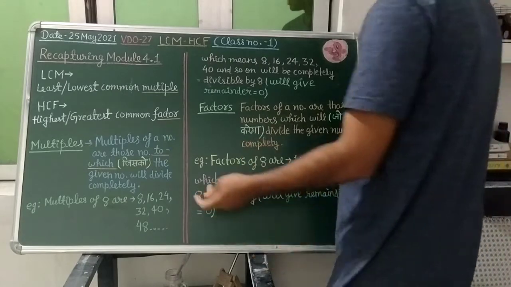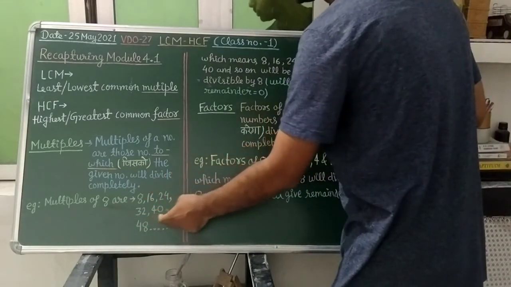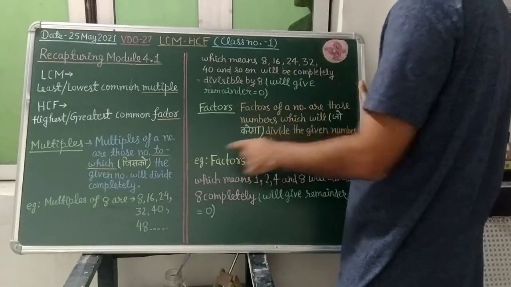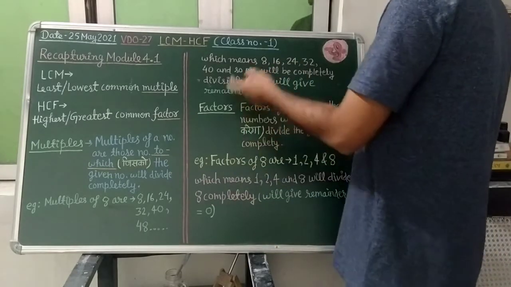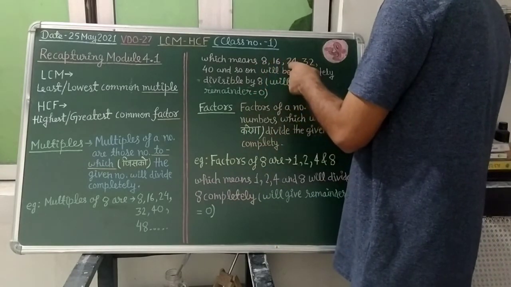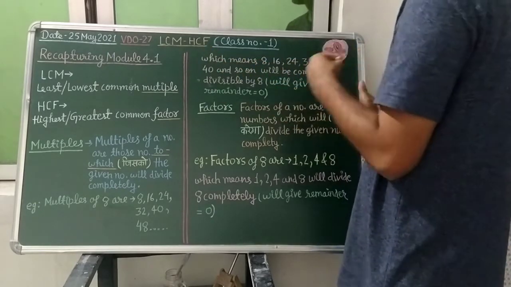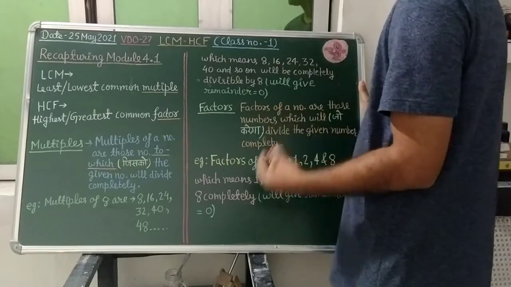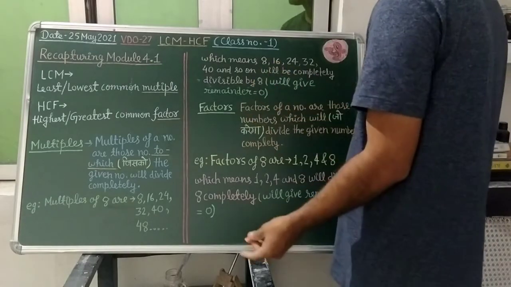If we write the multiples of 8 and get 8, 16, 24, 32, 40, 48 by reading out the table of 8, that means these are the multiples. I have told you how you will get the multiples of any number: you will read out the table of that.